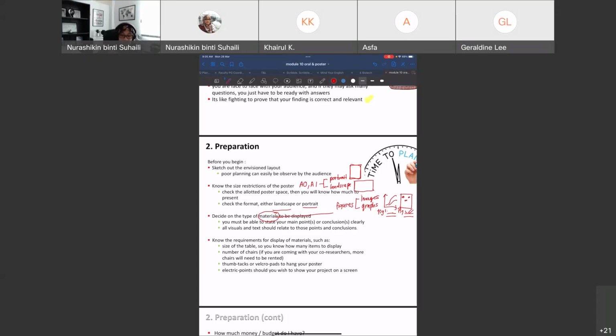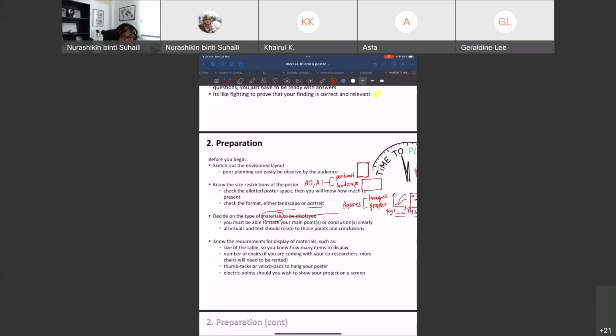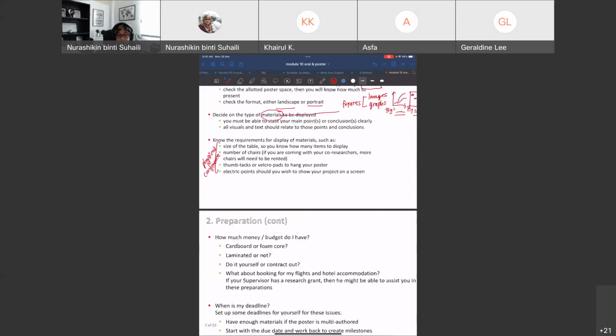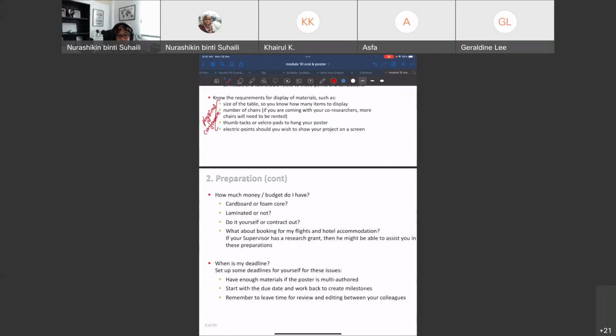Oh, so this one is like at the booth, I think. So this is actually more for a physical conference. Nowadays, we also have a virtual conference. Virtual conference, you don't have to worry about the requirements at the site. Okay. How much money budget do I have?